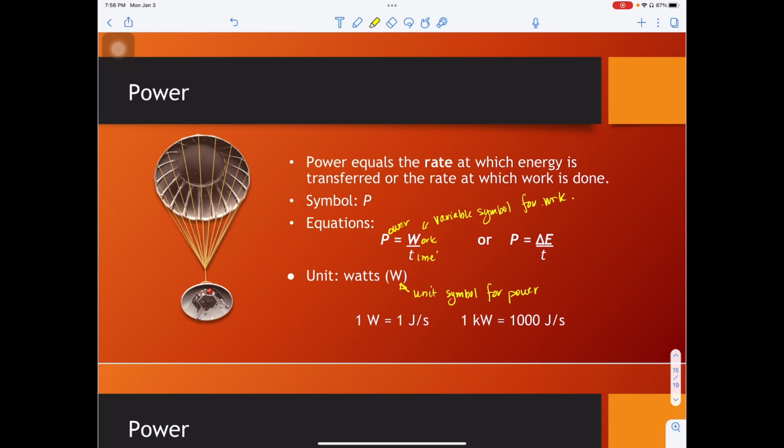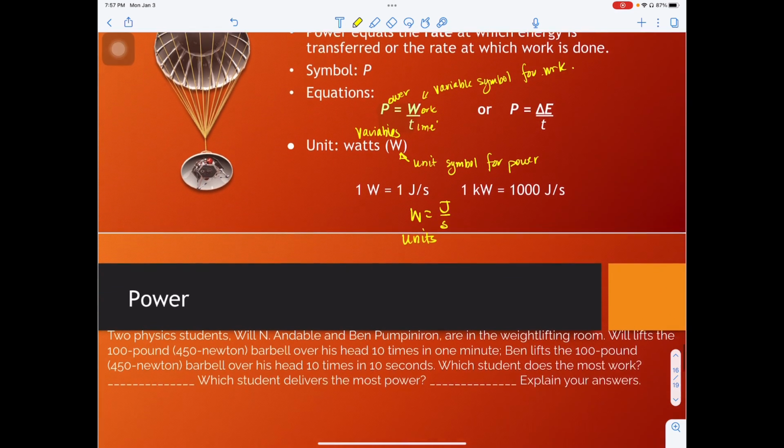This is variables, but when we look at units, a watt is equal to a joule per second. So these are the units, and these are the variables. This is one of those places where you have to know that sometimes W stands for watts, and sometimes W stands for work. So it's just ugly, and that's the way it is.